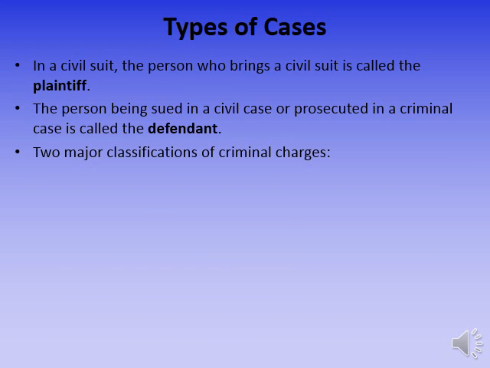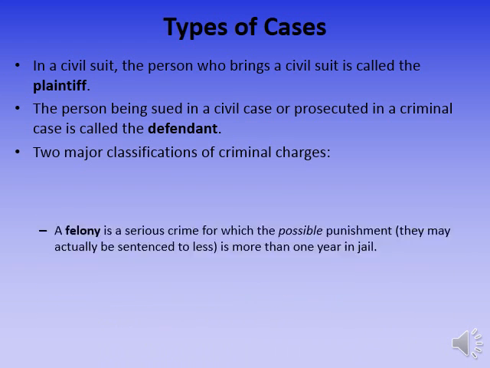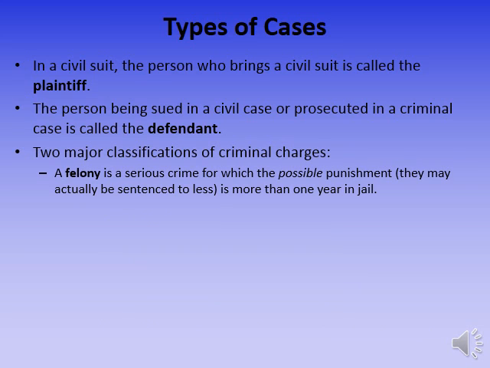There are two major classifications of criminal charges. The first, the most serious, is a felony. And that's a serious crime for which the possible punishment is more than 1 year in jail. So I say possible punishment because that's really what defines it, not what someone's actually sentenced to.